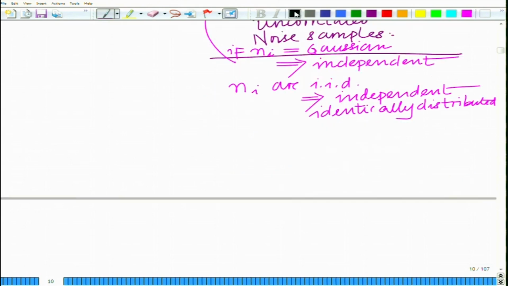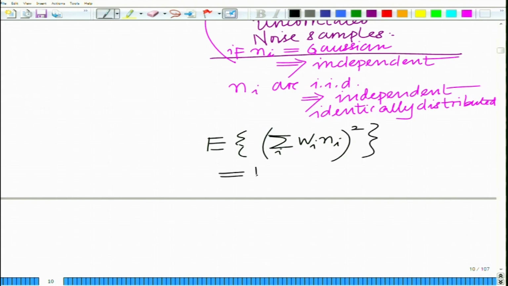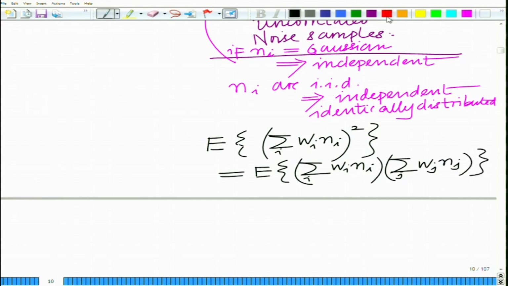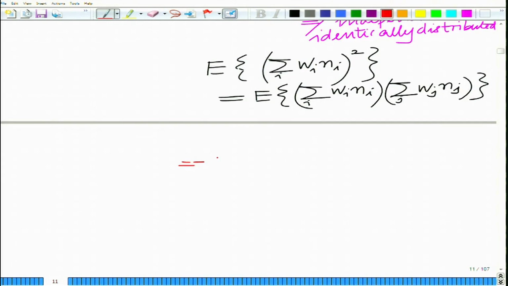Now if you look at the noise power, that is expected value of summation over i of Wi Ni, squared, this becomes expected value of the quantity times itself, summation over i of Wi Ni times summation over j of Wj Nj, which is equal to the expected value of, multiplying it out, summation over i and j of Wi Wj Ni Nj.